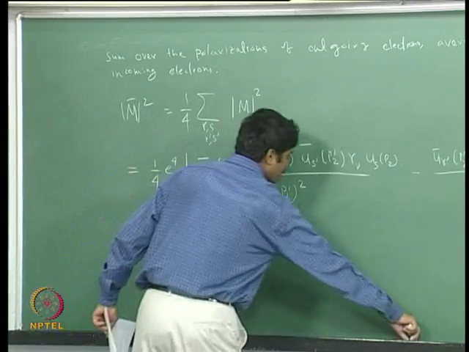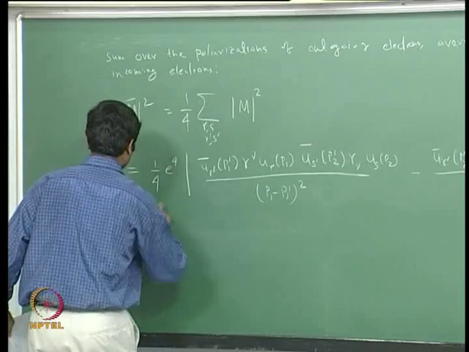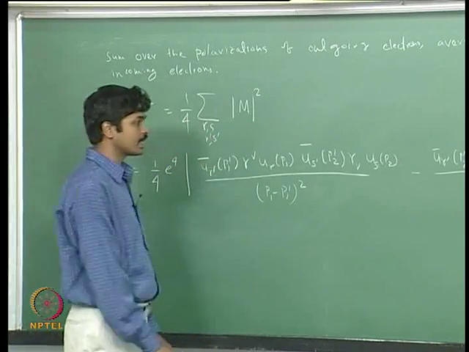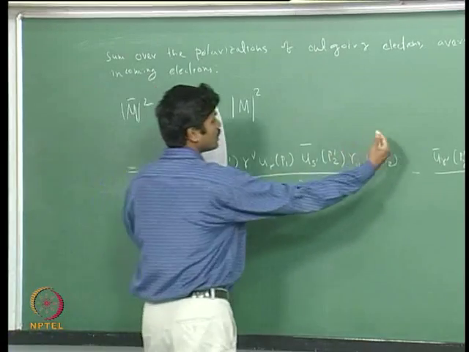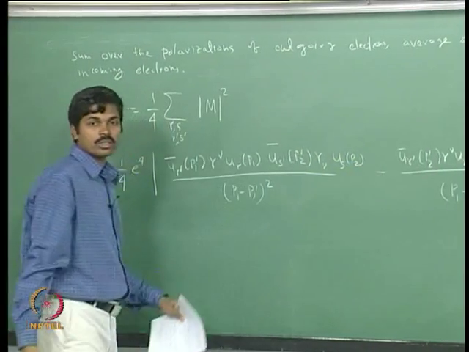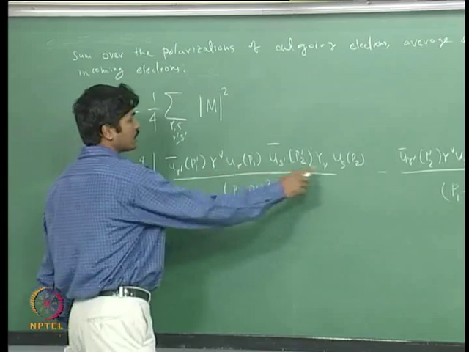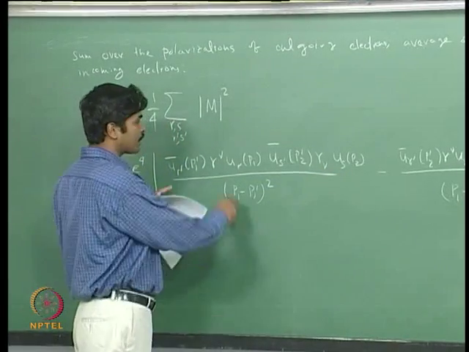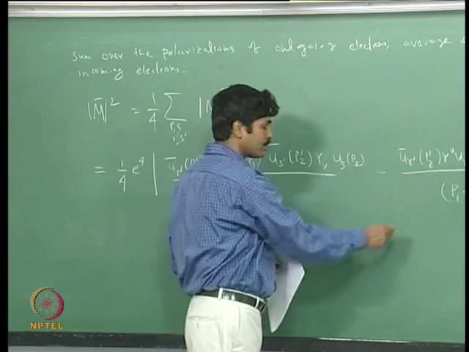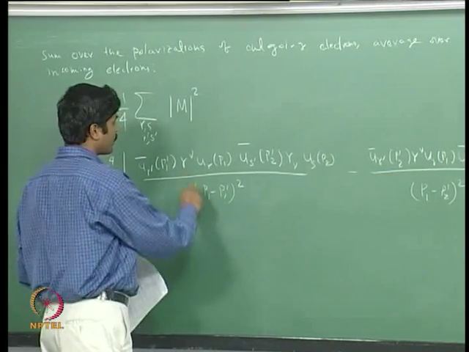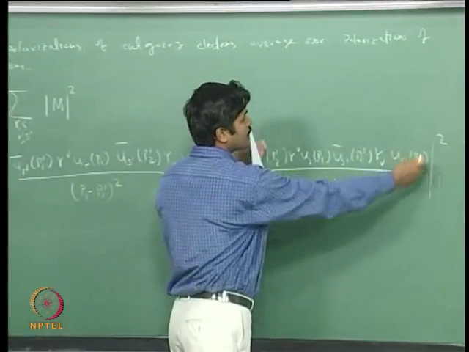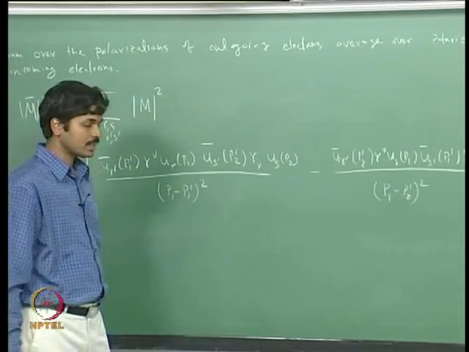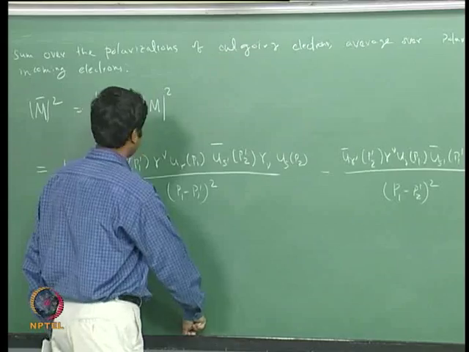Instead of writing it out and then deriving the trace, we will consider the mod square of this term and see if we can simplify that. And finally, we will look at the cross term, and the remaining cross term and the mod square of the other term will be obtained by exchanging P1 prime and P2 prime.